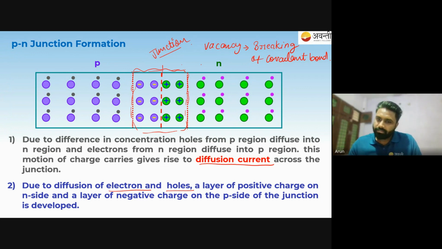And this layer, which is acting as a barrier for the electrons and holes for further diffusion, is termed the depletion layer. Okay. So you can see here, due to the diffusion of electrons and holes, a layer of positive charge on the n side and a layer of negative charge on the p side of the junction is developed.